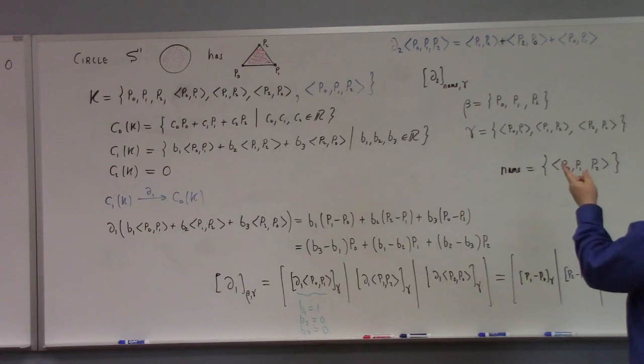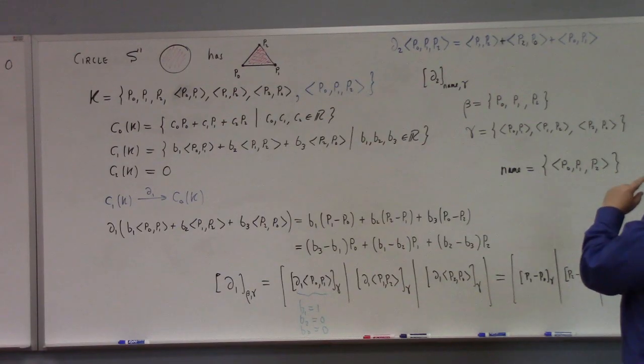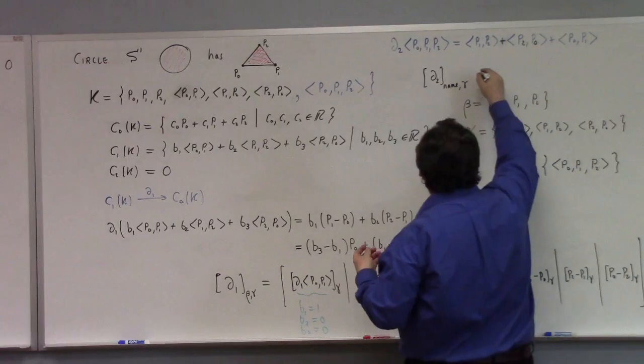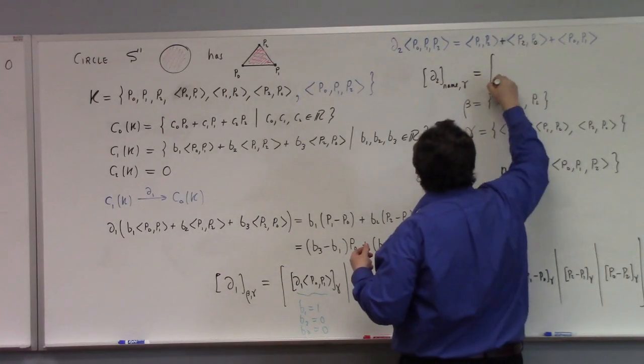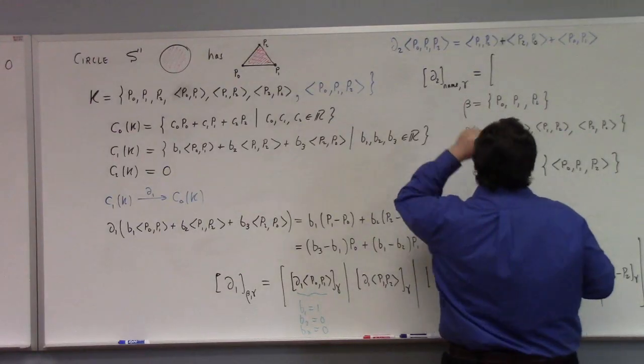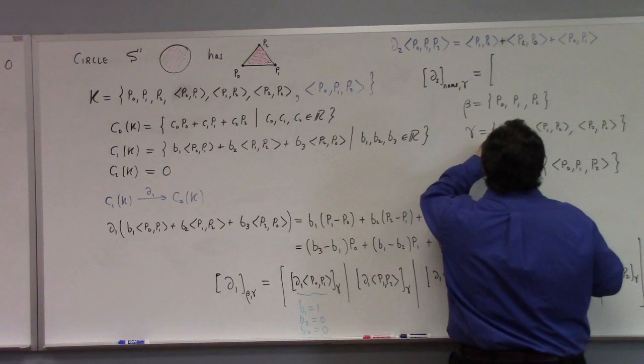So we're going from a one-dimensional space to a three-dimensional space. That means that the matrix here is 3 by 1, right? So I think we're looking for a single column vector, aren't we? That's the matrix of this thing: 1, 1, 1.